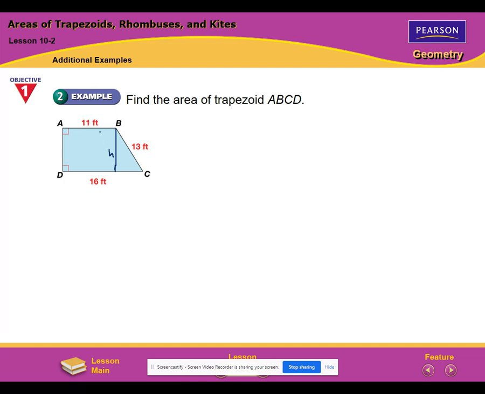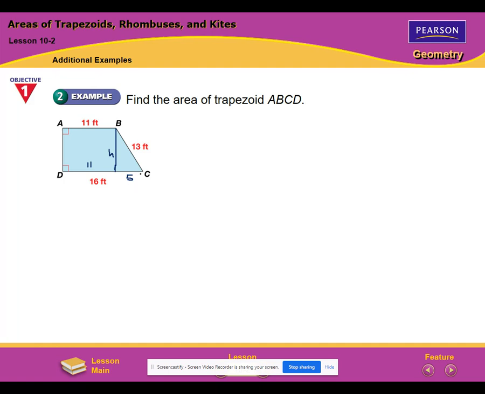So this being 11 would make this 11 and would make this 5. I mentioned in the previous lesson that sometimes there's confusion about whether that 16 is talking about the whole thing or just part of it. That confusion can come in here because you draw that line in, and if you're not careful, you could accidentally mistake the partial length for 16 when really the 16 is the whole thing.